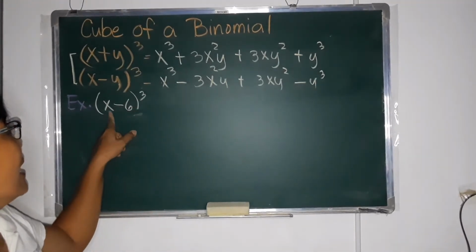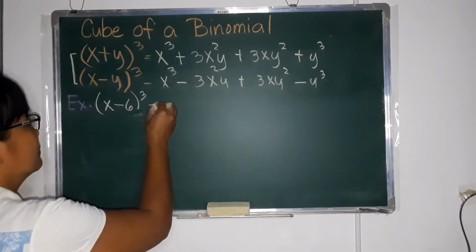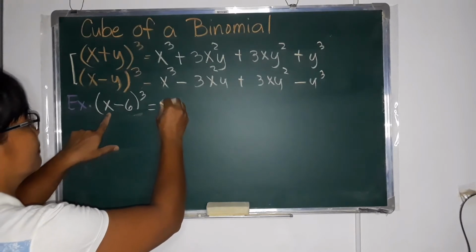So, we have here (x - 6) cubed. Okay? So, first step, cube the first.